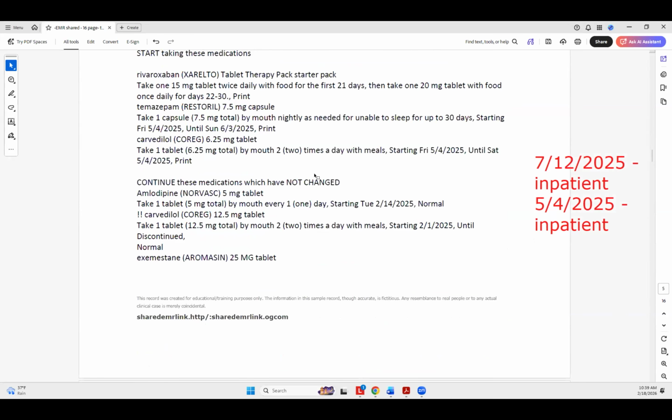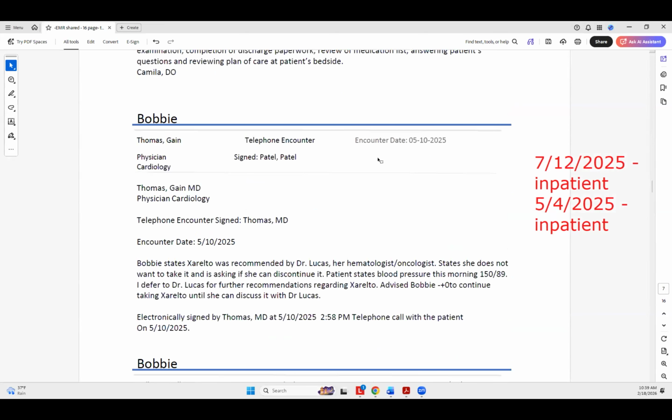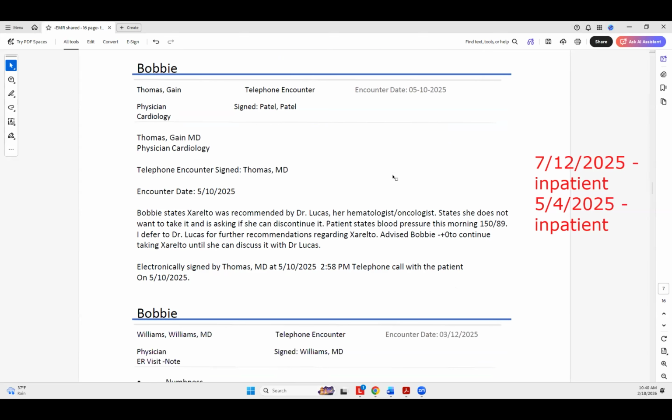All right, we continue on. This is all in the same date of service. So we need another date of service, which we have. We have 5/10/2025. Is this inpatient or outpatient?